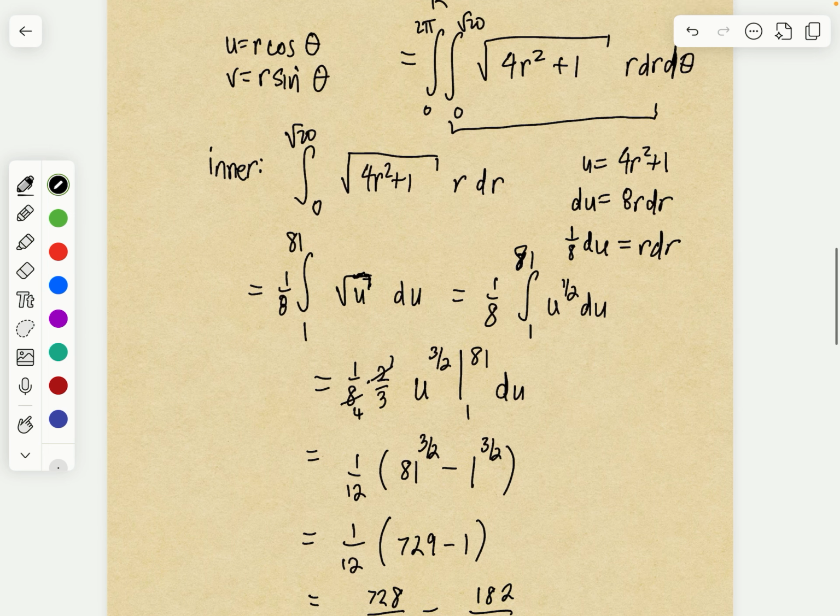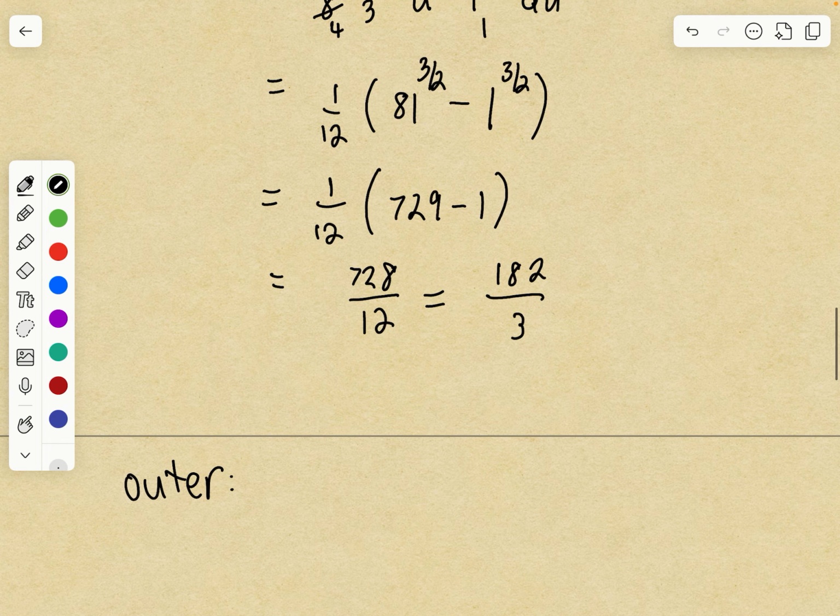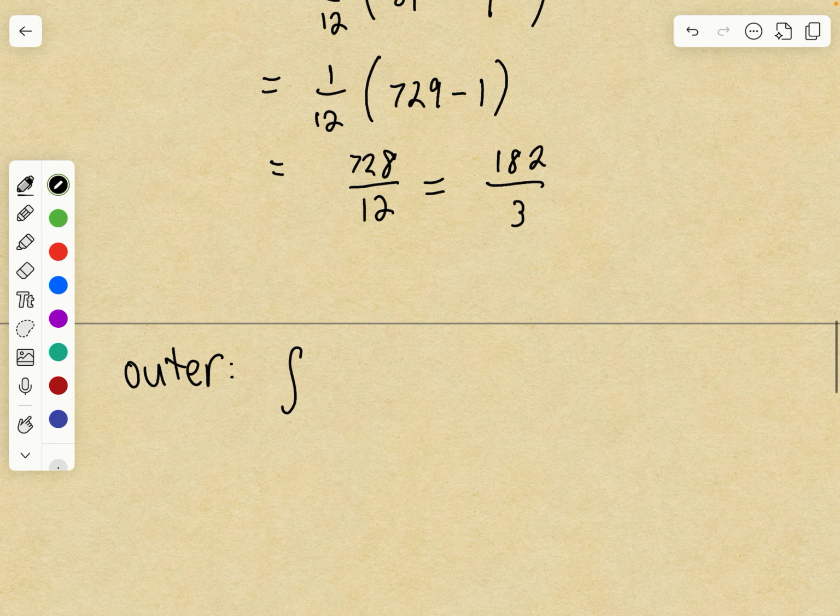So we integrate the inside result from 0 to 2 pi. Well, that's easy, because when you integrate a constant, you get the constant times x, and then when you evaluate at the bounds, you just plug in the endpoints.